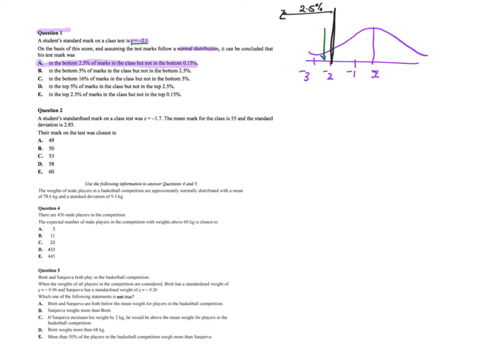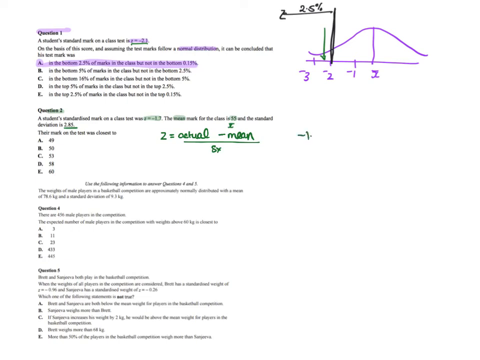So we'll go with that answer. In question 2, we have a student's standardized score is Z equals negative 1.2. The mean mark was 55 and the standard deviation was 2.85. Their mark on their test was closest to. So if you think about it, the Z score equals the actual minus the mean over the standard deviation.